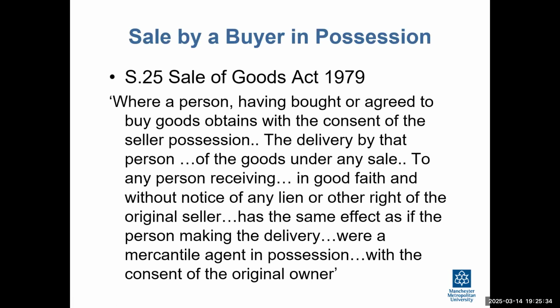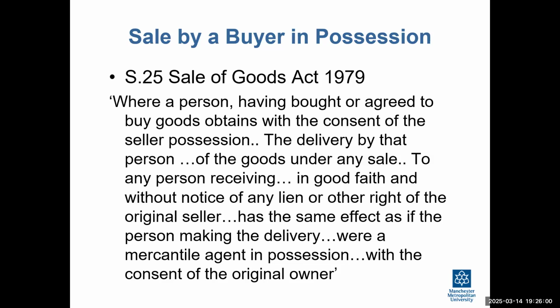So the flip argument to that is the sale by a buyer in possession. So again, when a buyer has not done all they need to do to get good title, so maybe they've paid part of the money, they've dropped a check, and that check has not been verified, and the buyer has possession of the goods, they are able to pass title to another person.